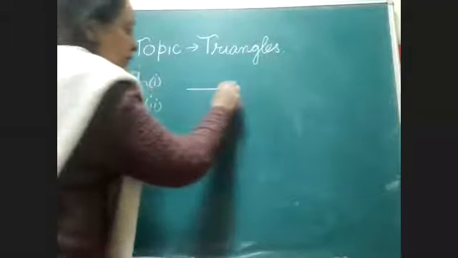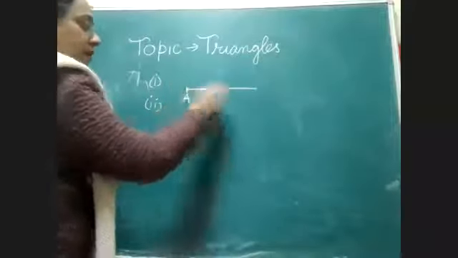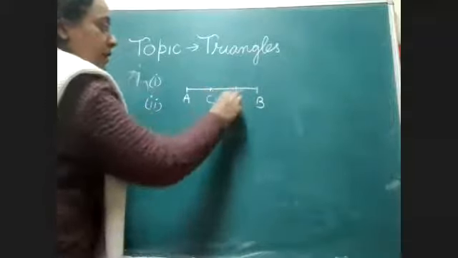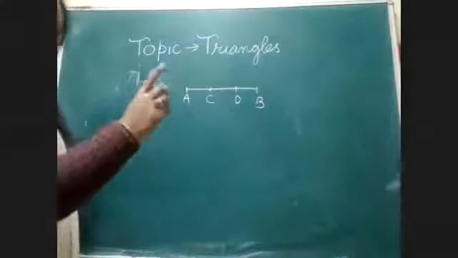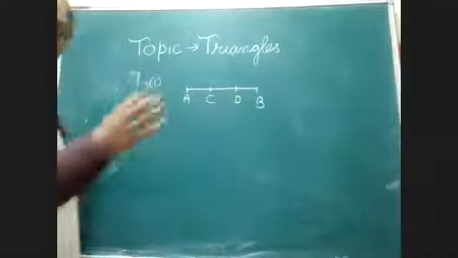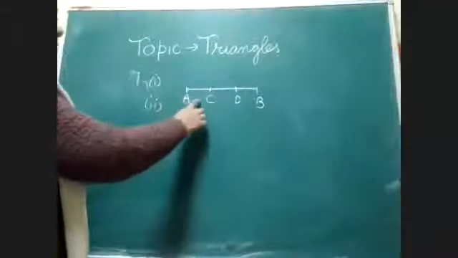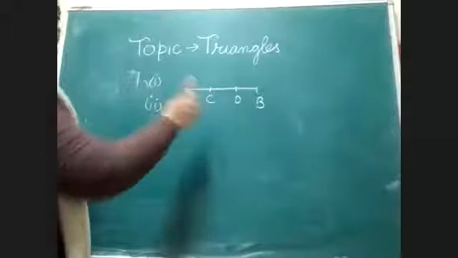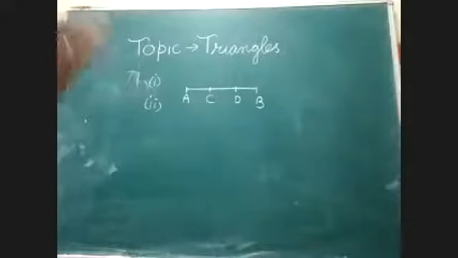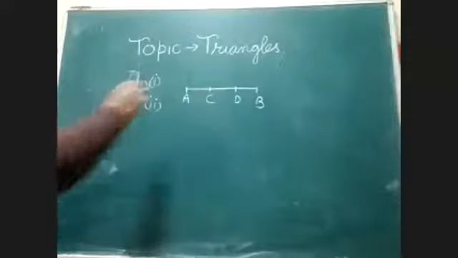For example, we have a straight line and points A, B, C, D. You can see all these points A, C, D, B lie on the same straight line. So these are collinear points.